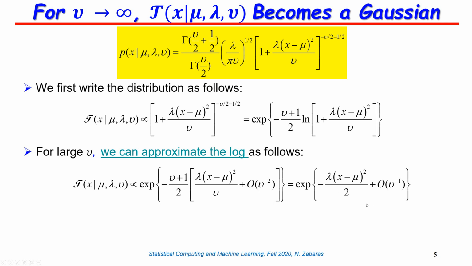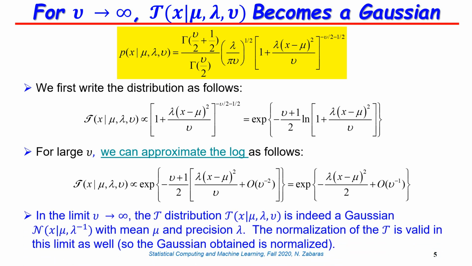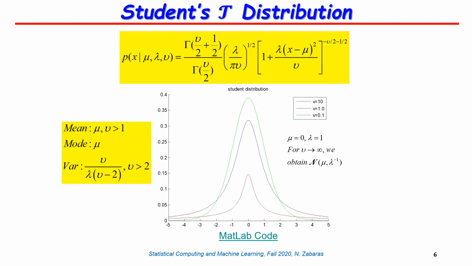So you get the exponential that you're familiar with, the univariate Gaussian distribution. So the student T distribution as nu goes to infinity does become the Gaussian distribution, and as a matter of fact, it becomes a normalized Gaussian distribution. The normalization is something you don't have to worry about as nu goes to infinity, because this distribution, as you see it here, is normalized for any nu, so obviously it will be normalized as nu goes to infinity.